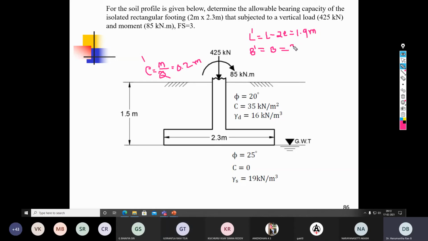Your L dash is 1.9 meter and B dash is 2.2 meter. Since after the eccentricity correction your L dash is less than B dash, it is reversed. So consider L dash as 2 meter and B dash as 1.9 meter, and try to solve this problem.